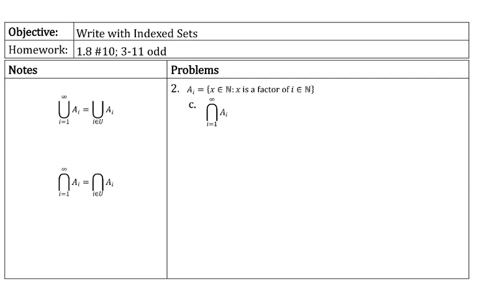So if I was going to write out this problem with this kind of notation, I would say, oh, well, that's the same as the intersection of A sub i, and i, we know that that's in the natural numbers. So then we just say i in the natural numbers like that. So these two ways are just writing the same thing.